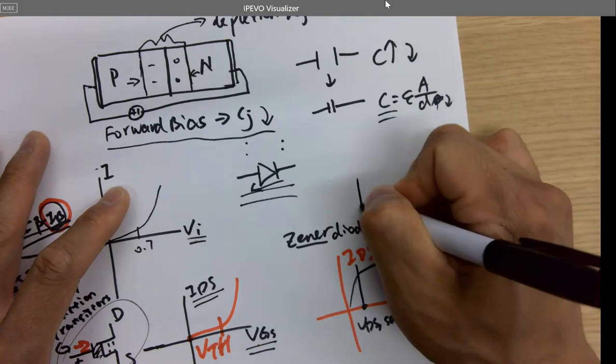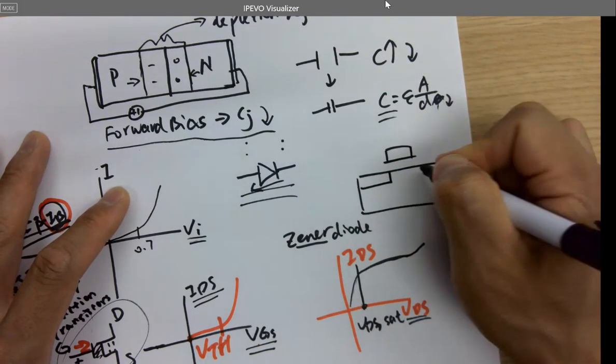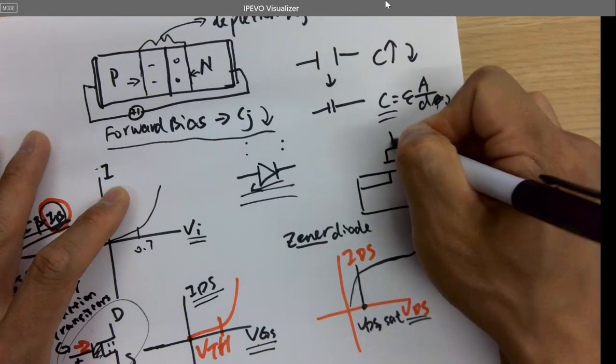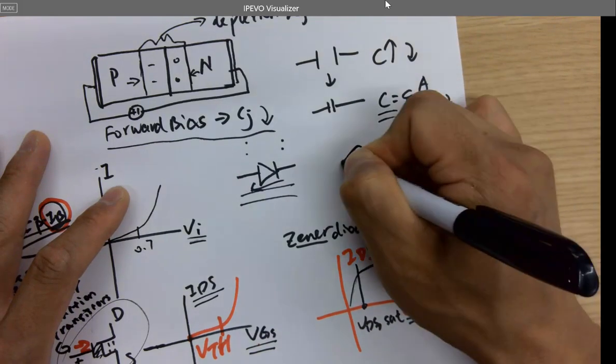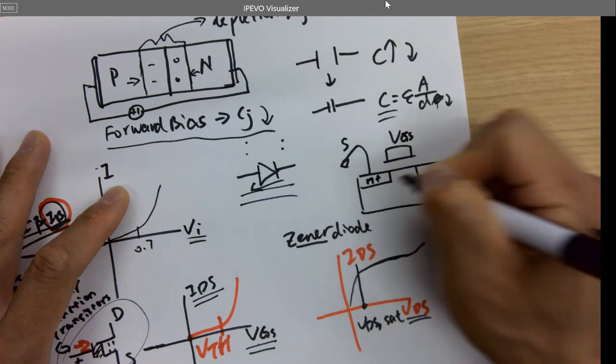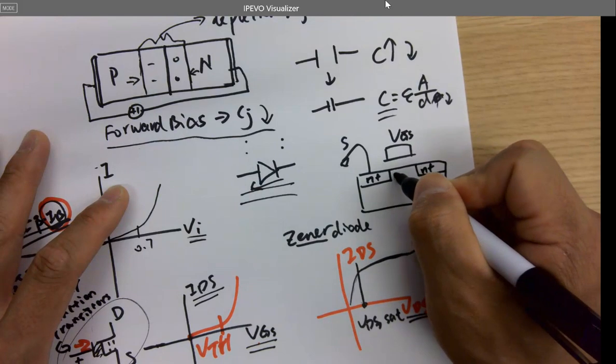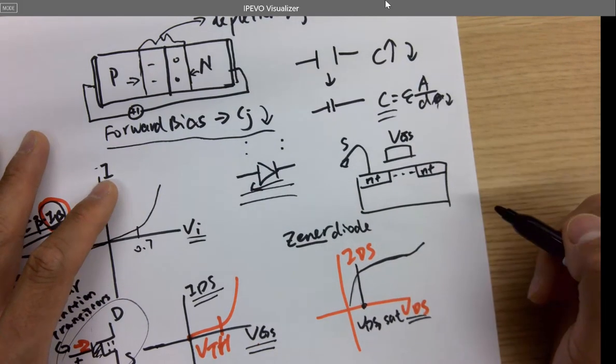To understand this better, we have to look at the cross-sectional view. If you apply a VGS to it, with S grounded, and this is N plus, it attracts electrons to the channel.